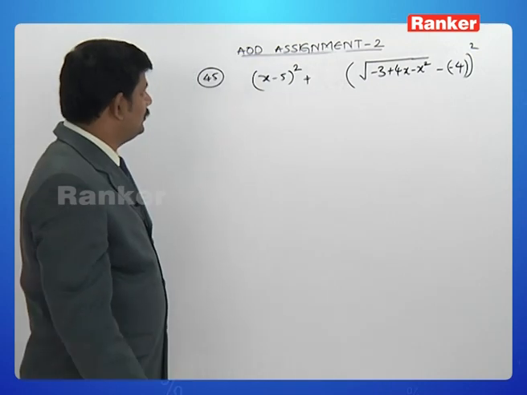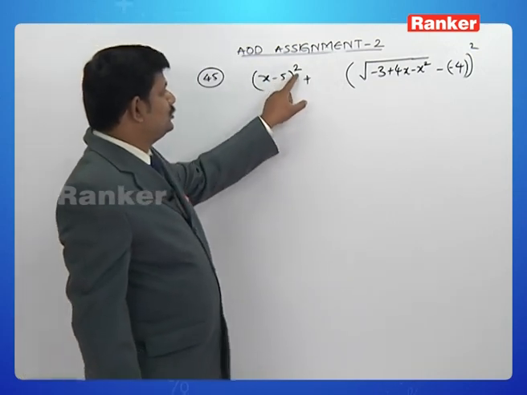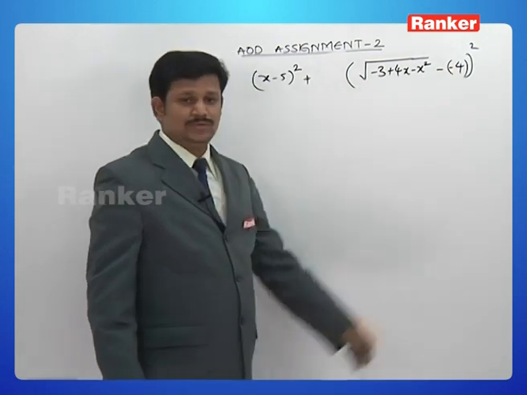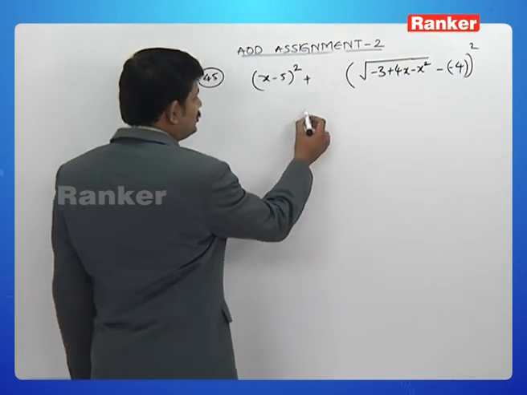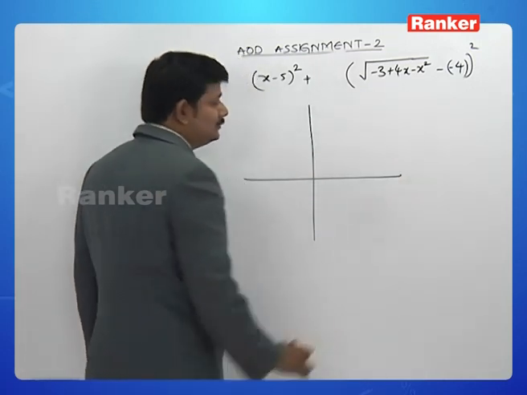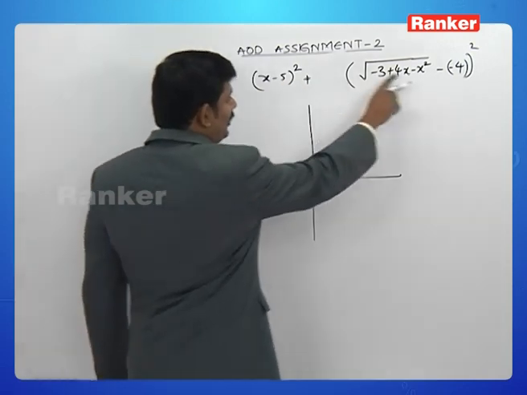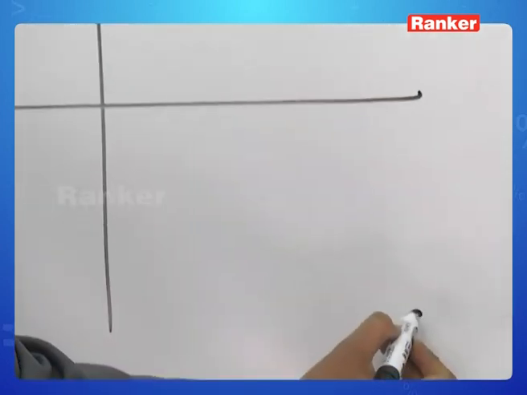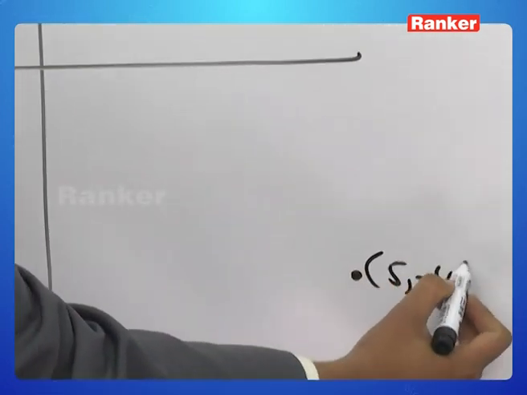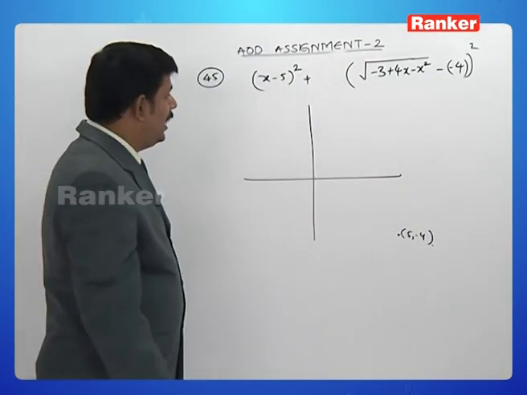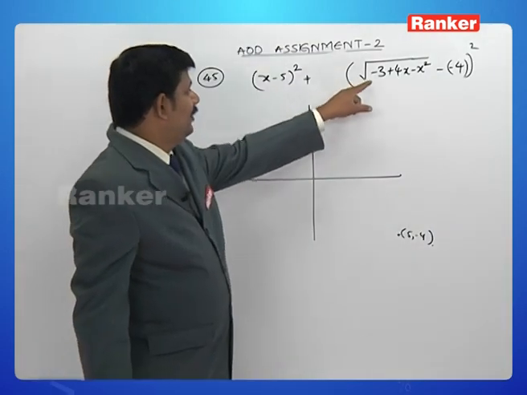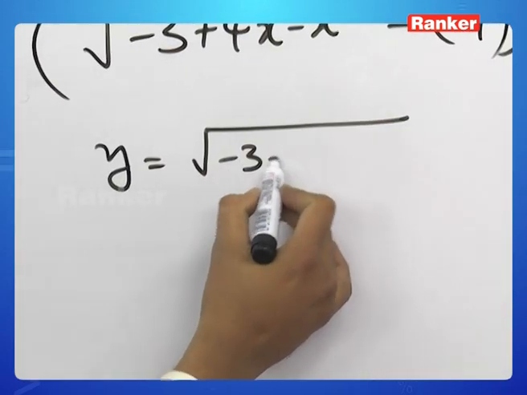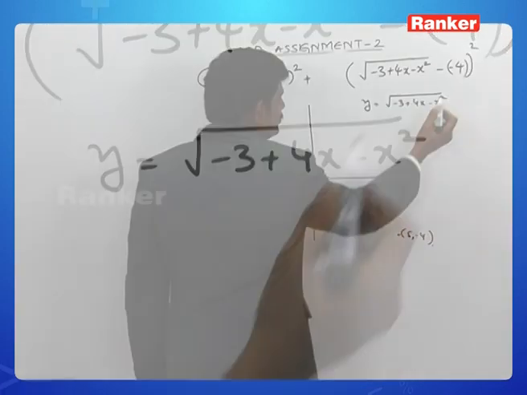So x minus 5 whole square plus y minus of minus 4 whole square is nothing but the distance between 2 points. One is 5 comma minus 4, x coordinate is 5, y coordinate is minus 4, some point away somewhere here, and a point on the curve y is equal to root over minus 3 plus 4x minus x square.